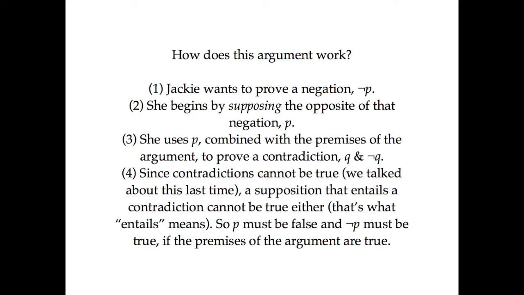So, given that the rest of the premises in the argument are true, P must be false because it allowed us to prove a contradiction. And that means that not P must be true. That's the idea that Jackie has.